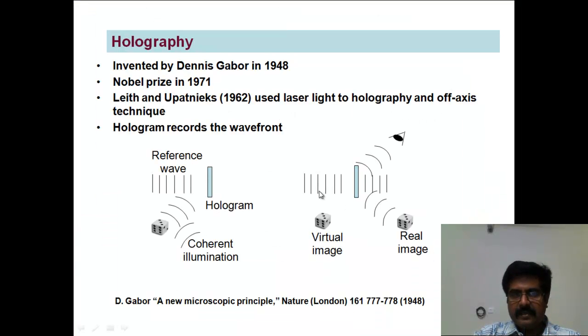We have seen the difference between conventional photography and holography, and how an interferometric method can detect the phase information, which is not possible in conventional photography.